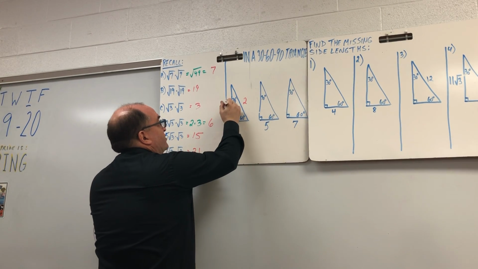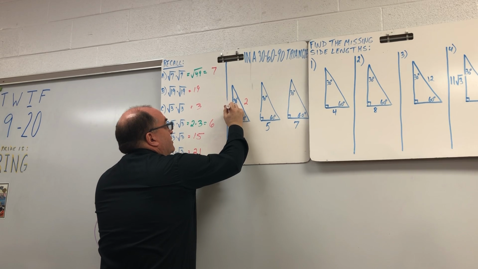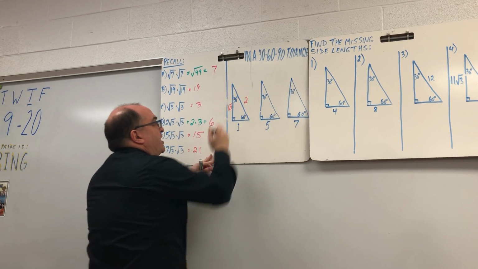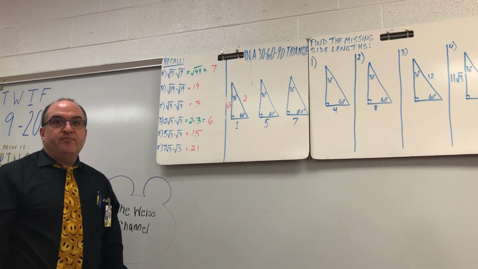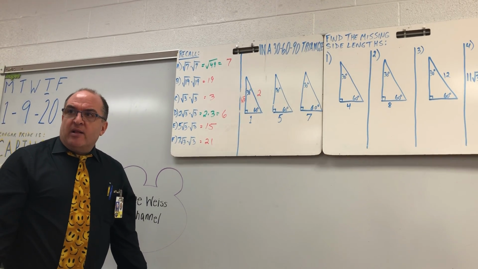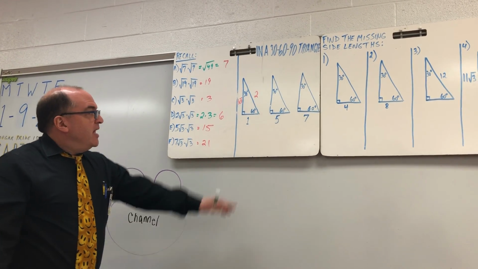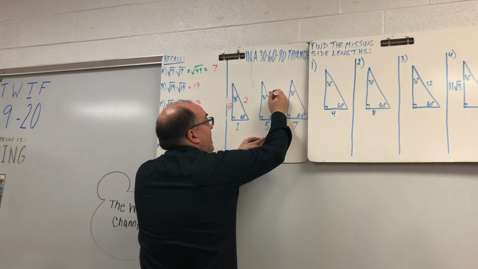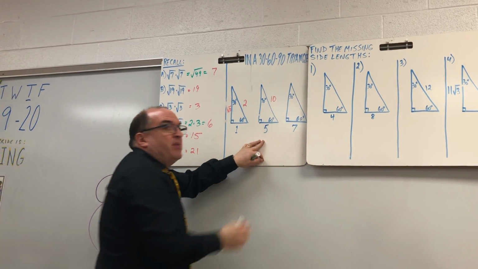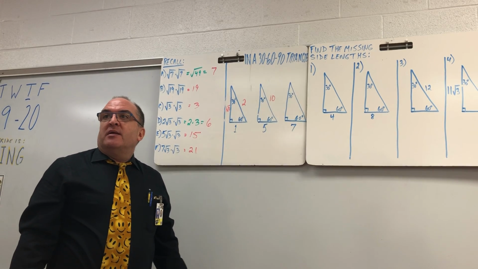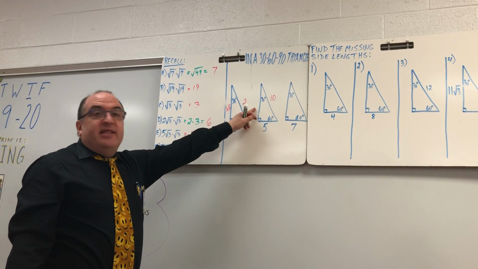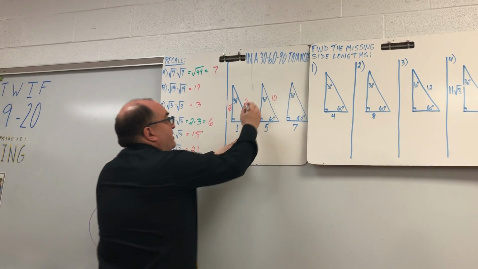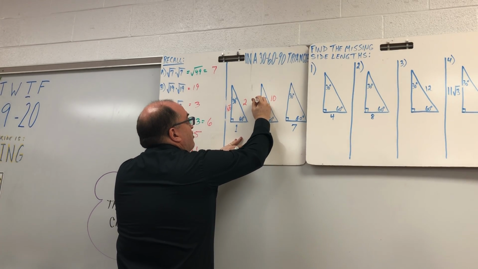And this guy is going to be 1 square root of 3. So for example, if the short leg is 5, then the hypotenuse is 10, and this long leg is 15, no, 5 square root of 3.